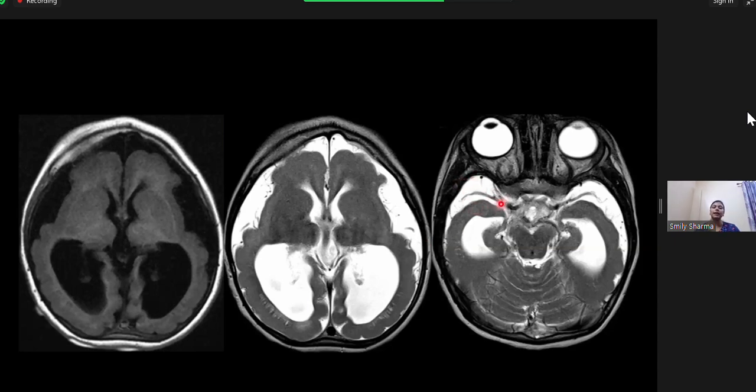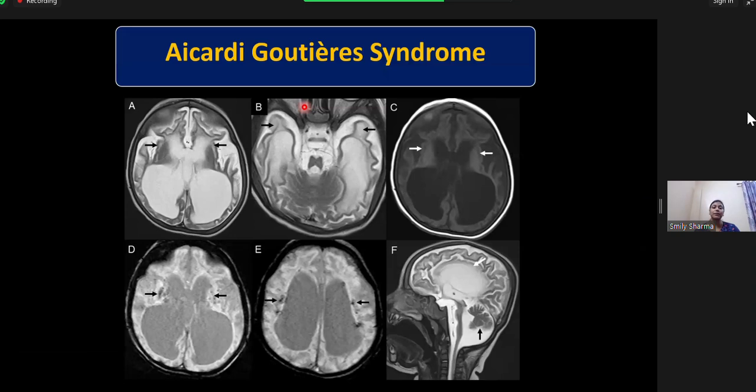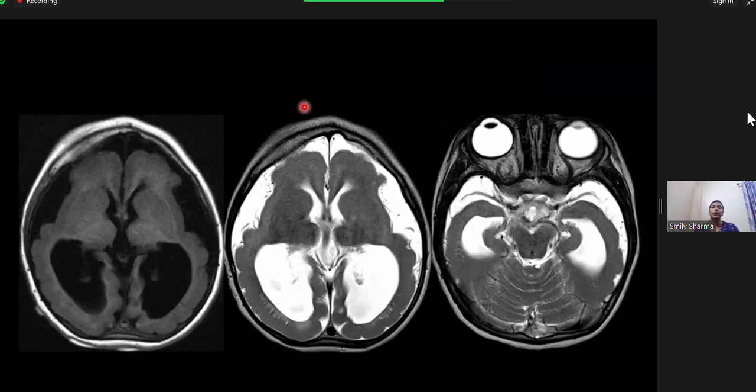So here we see again the prominent anterior temporal spaces. Aicardi-Goutieres syndrome patients live for a very short while, so they usually die at a very young age. But TORCH infections can progress to a greater age. This was a case of a very young infant only.